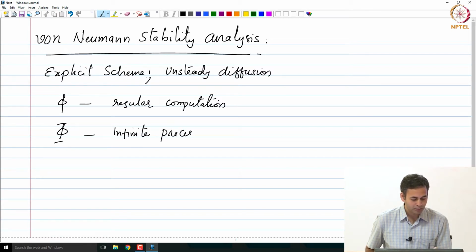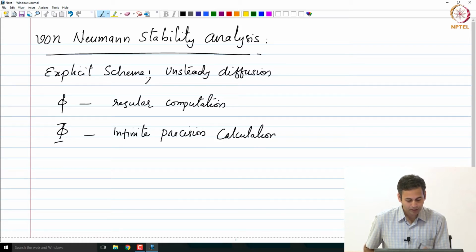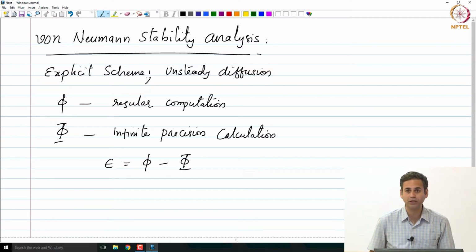We equated the round off error epsilon as the difference between the two, so epsilon equals phi minus capital phi. We substituted little phi and capital phi into the discretized unsteady diffusion equation, subtracted one from the other, and found an equation for the round off error itself.